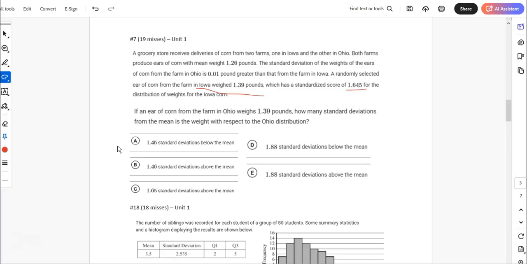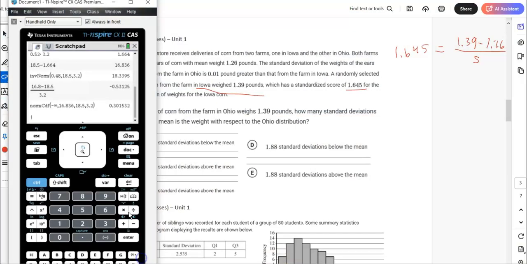So using the Z equation, 1.645 equals 1.39 minus 1.26 over the standard deviation. I'm going to solve using a calculator because this is stats class.